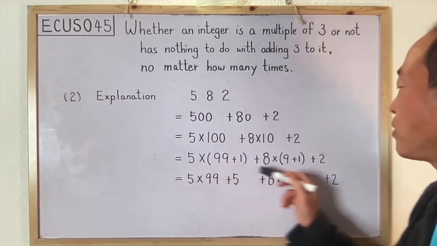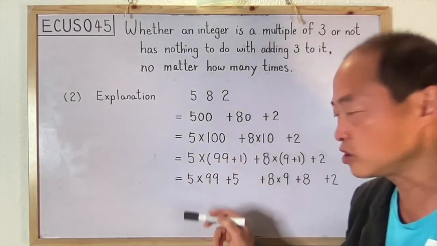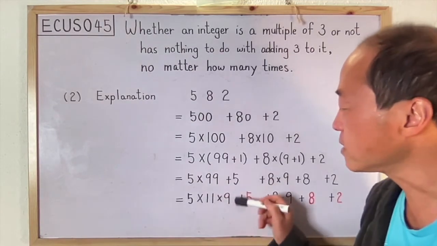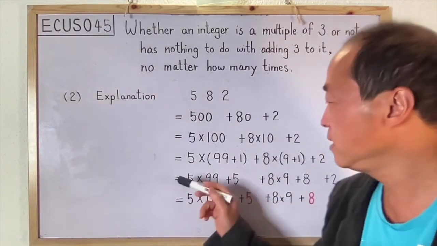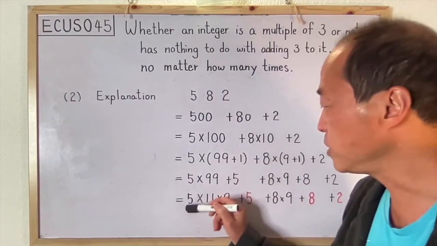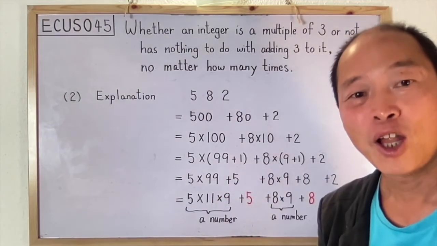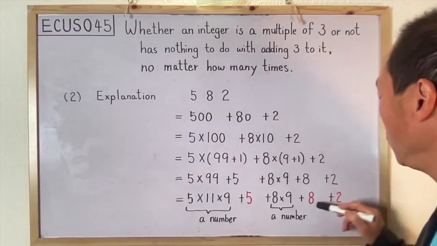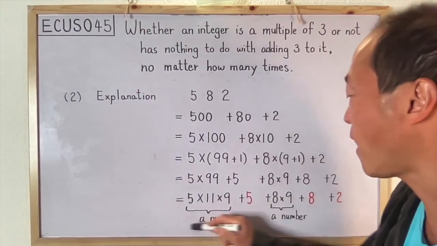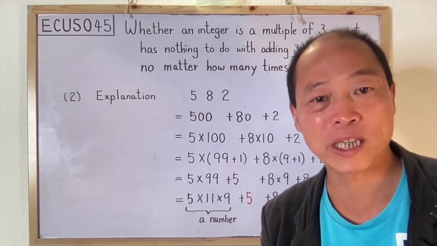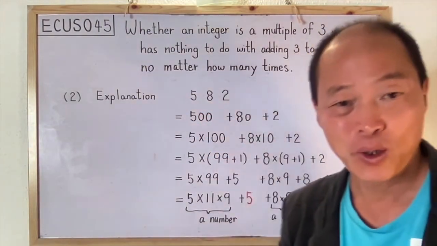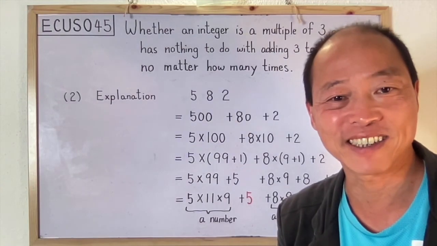Therefore, this expression can be changed to this. 99 can be written as 11 times 9. This expression can be changed to this. Notice that we have 5 numbers here. 1, 2, 3, 4, 5. When we add up all these 5 numbers, we have 582. You can use a calculator to check it.